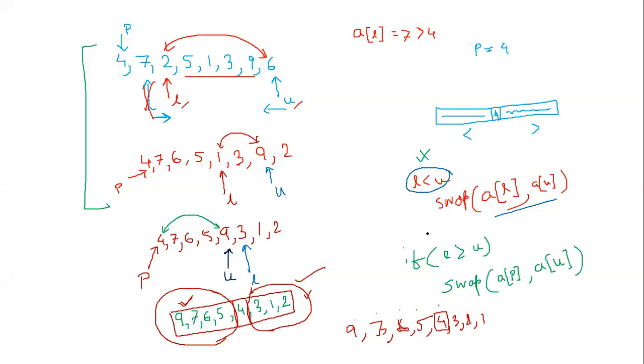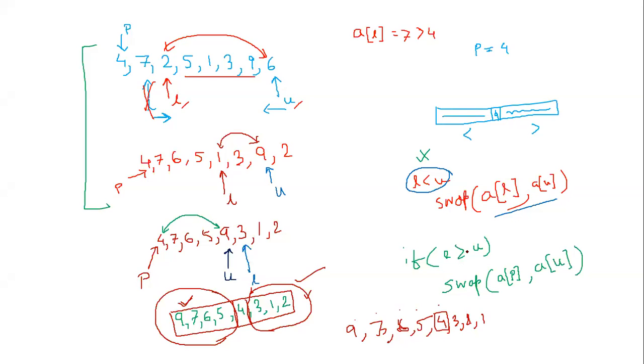That is why when we recursively call quicksort for sorting the first half and second half of the array, we will not include the actual position of the pivot element.